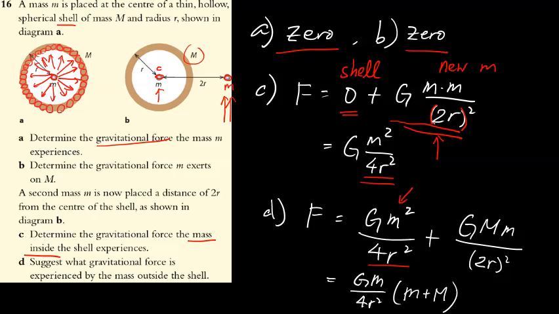The last one is slightly more complicated here. Of course this is referring to the shell. And how you can know I should use the radius of 2r here is because think about the shell, it's like the particles I mentioned, right?